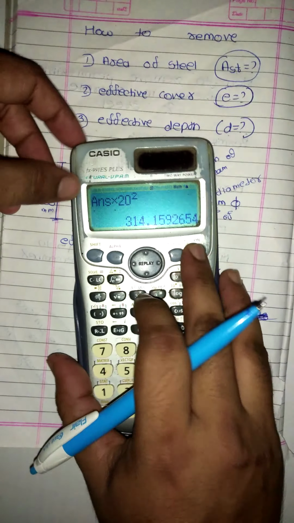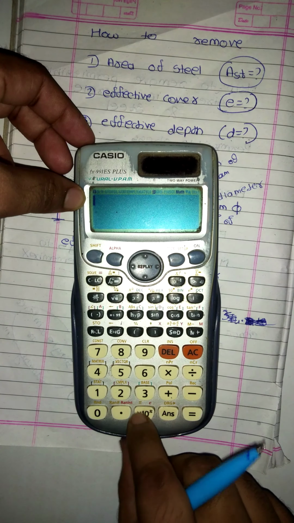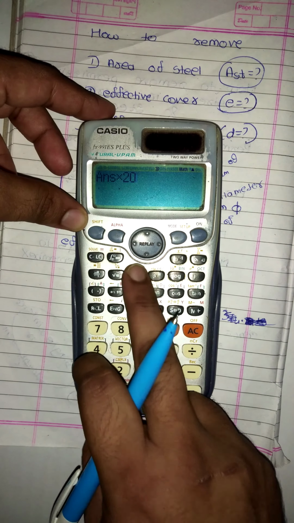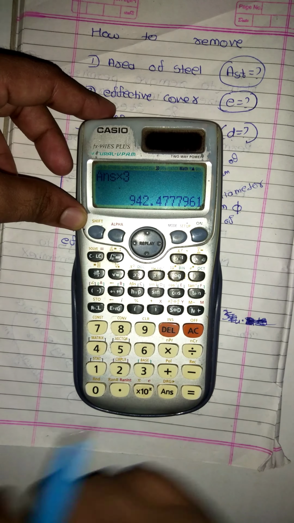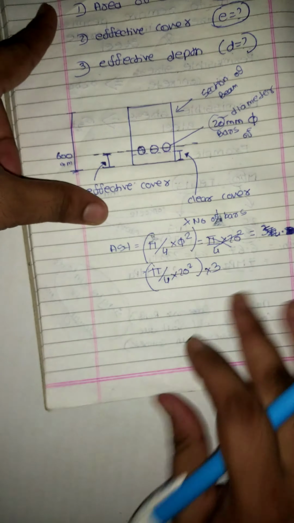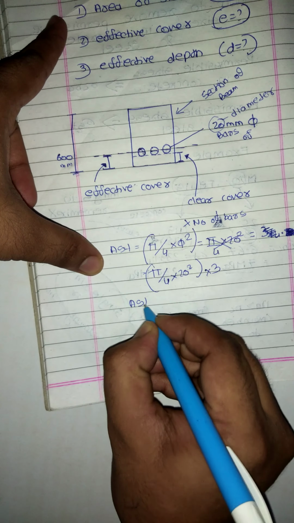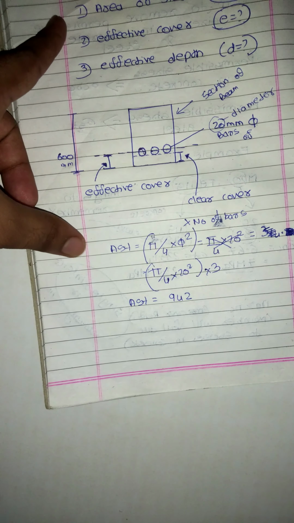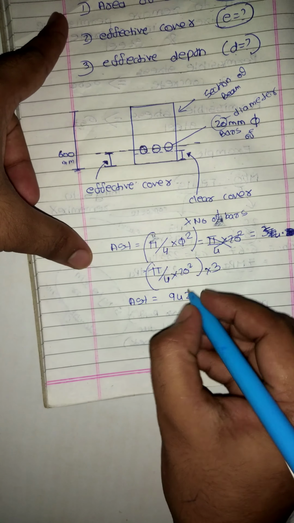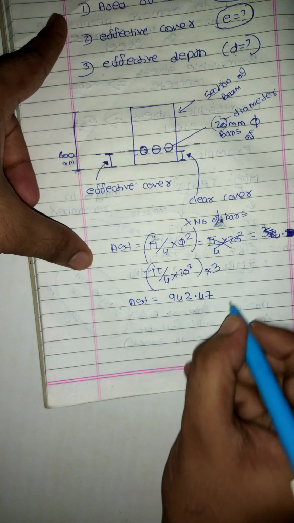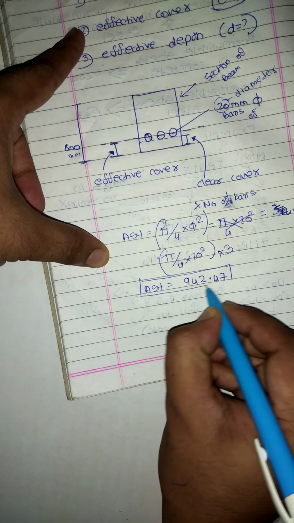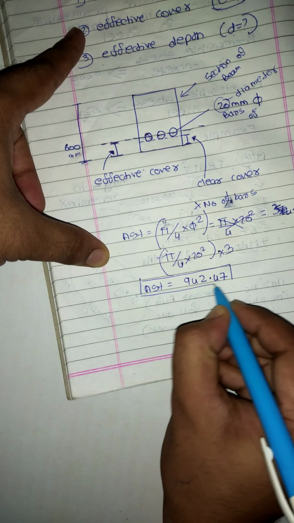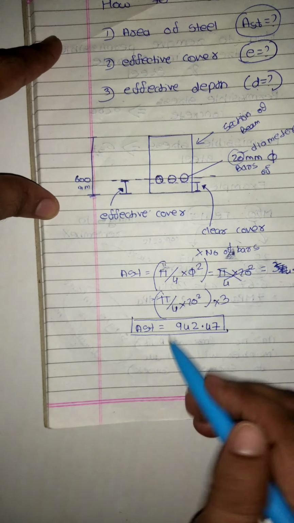That gives 942.47. So the area of steel is 942.47. We have found the area of steel. In this total block of concrete, the area of steel is 942.47.